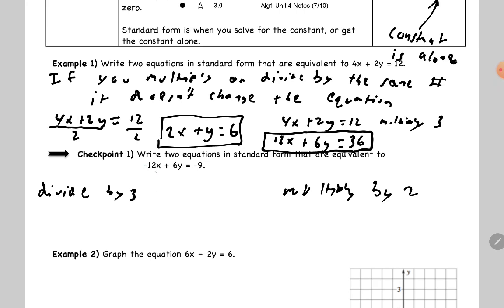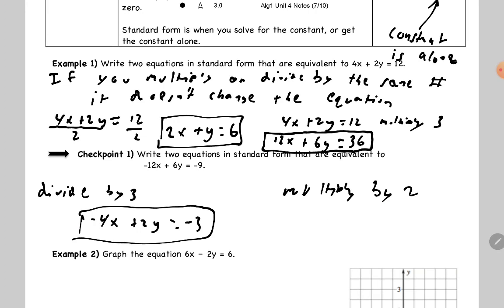Okay, negative 12 divided by 3 is negative 4x. 6y divided by 3 is 2y. Negative 9 divided by 3 is negative 3. Okay, so that would be one equivalent equation.